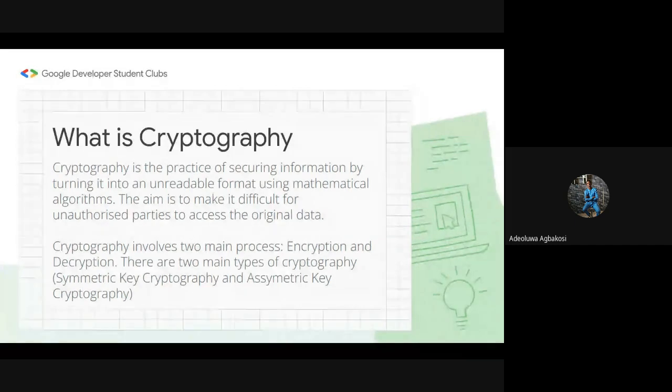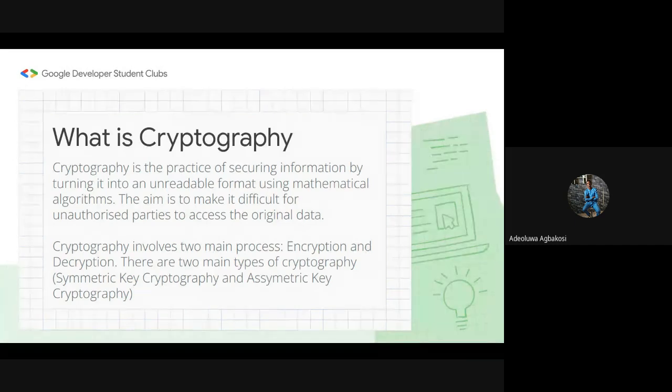So cryptography is basically the process of turning a document into unreadable text using mathematical algorithms. So we use algorithms to turn data into an unreadable format so that only the authorized parties can access the original document.